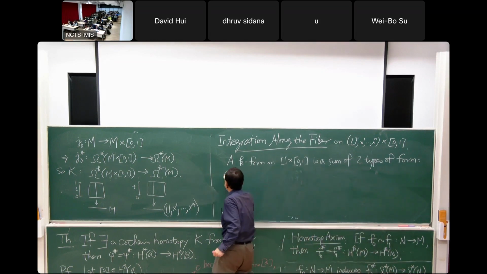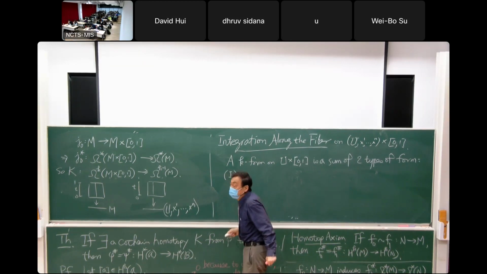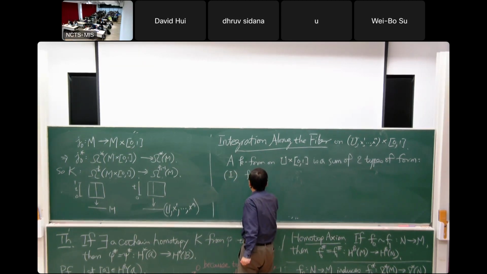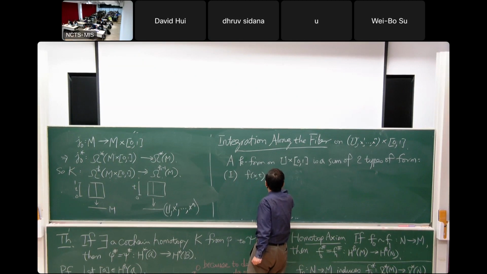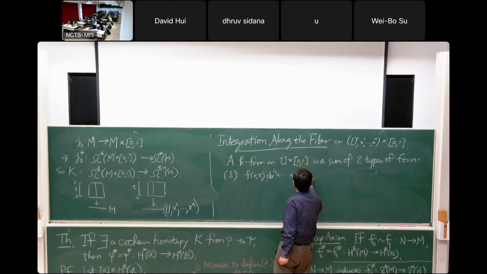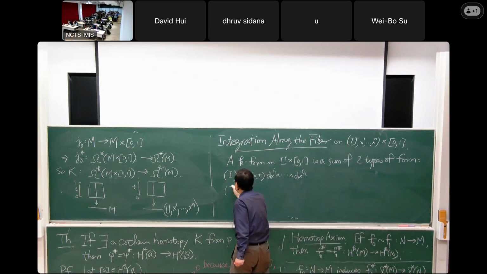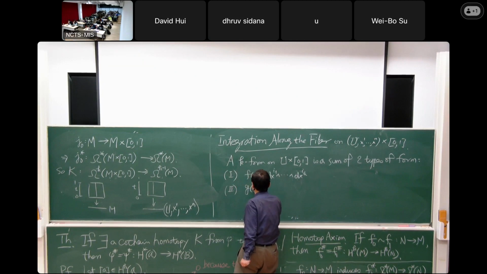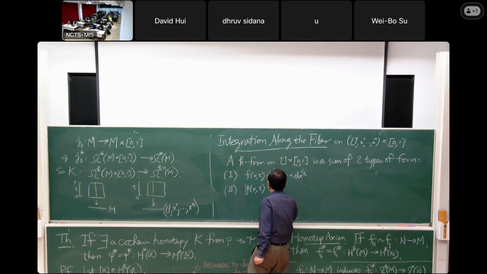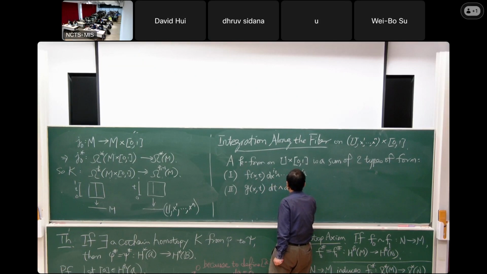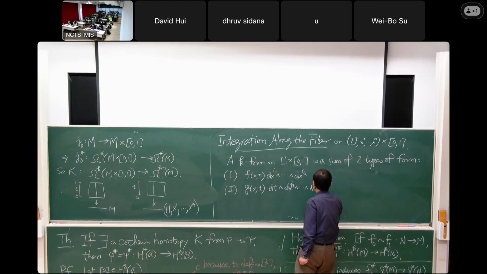Type 1 would be f of (x, t) dxi1 wedge ... wedge dxik. Or it has dt in it, so it could be g of (x, t) dt wedge dxj1 wedge ... wedge dxj(k-1).